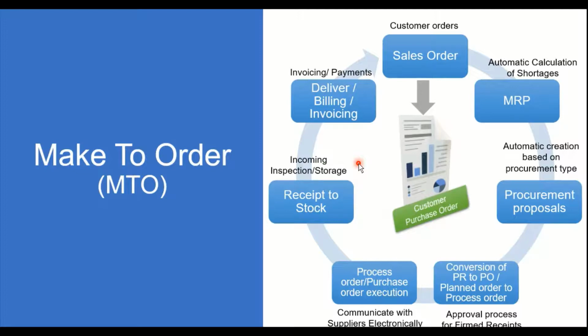So everything like the MRP is going to be executed based on the purchase order that we receive from the customer, which is nothing but the sales order. And then the procurement proposals will also tag the sales order through which the demand has been generated. So all these elements are going to look at the sales orders that have the customer purchase order, right?